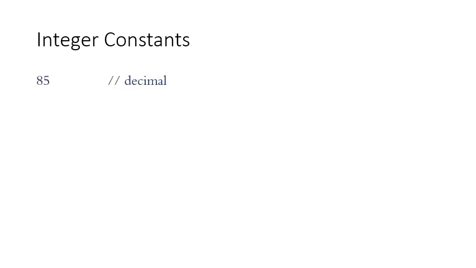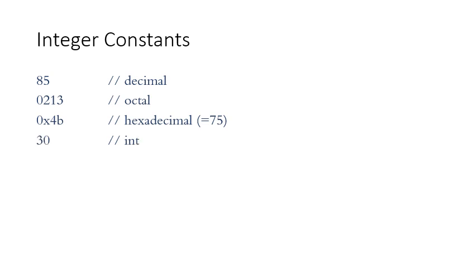Okay, so here are some other examples of integer constants. 85 can be a valid integer constant. And if we want a number on the octal base, we precede it with a 0. And for hexadecimals, we precede it with 0x. And we can also add U if we want to indicate that it is unsigned.